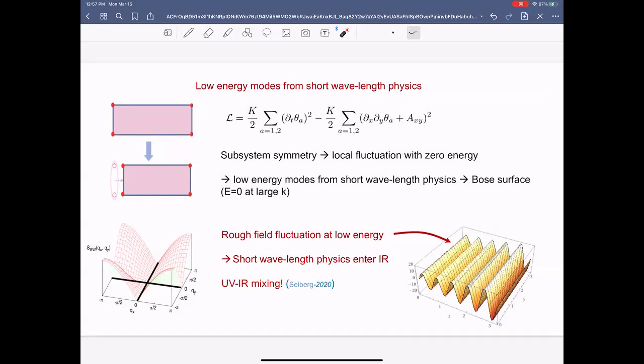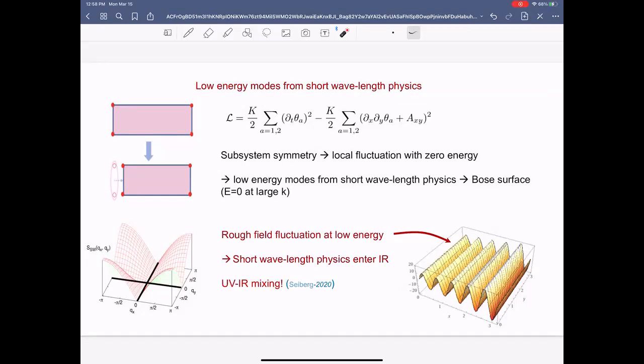I also have a related comment on this point. So in ordinary RG, high momentum means high energy. And therefore, when we write down the Wilsonian effective field theory Lagrangian, we can throw away the higher derivative terms because they will have negligible correction to the low energy modes. But precisely because of this UV-IR mixing in this class of models, we actually cannot throw away certain higher derivative terms.